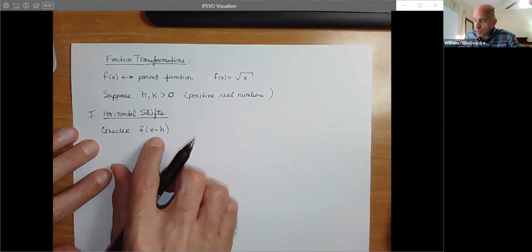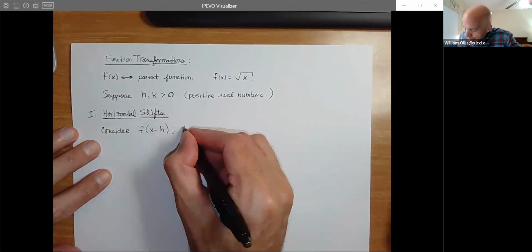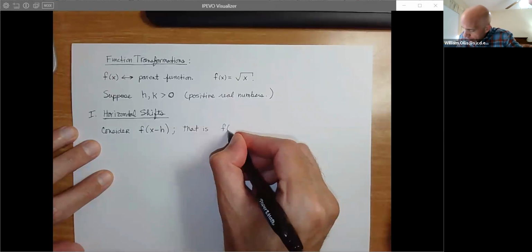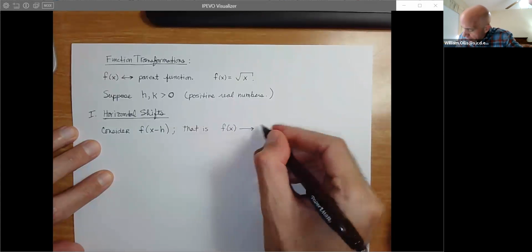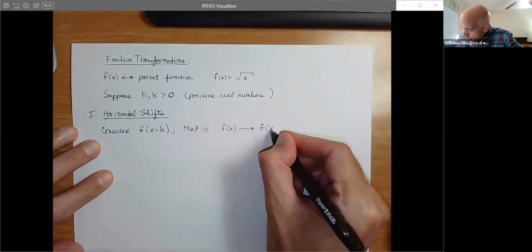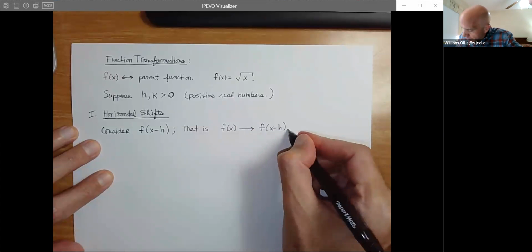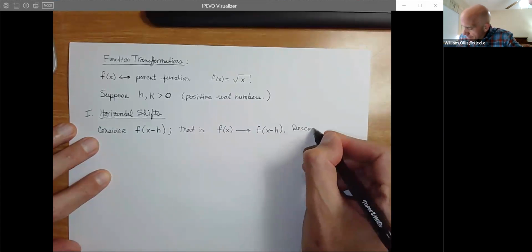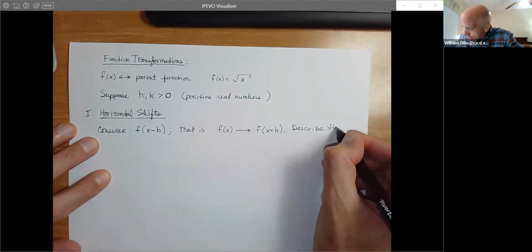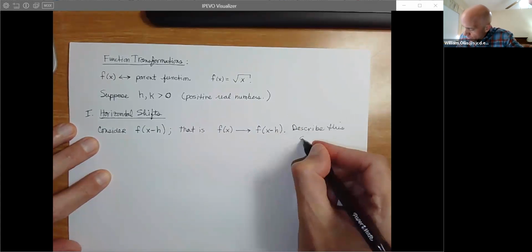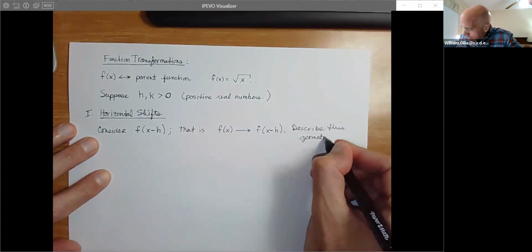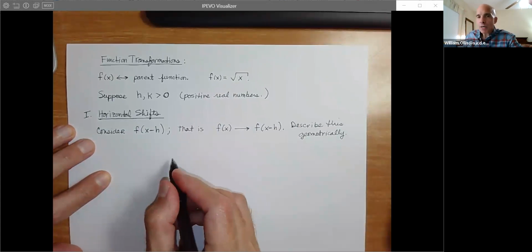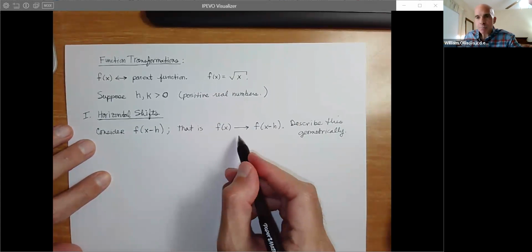So we have considered this, that is, f of x becomes f of x minus h. Describe this geometrically. That is, think about what I've said today and how does this move points.